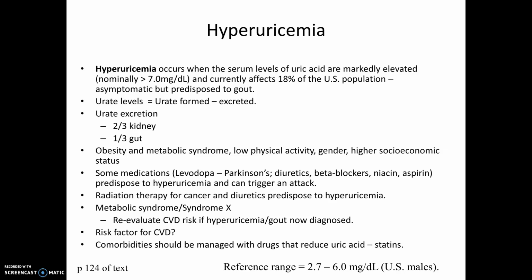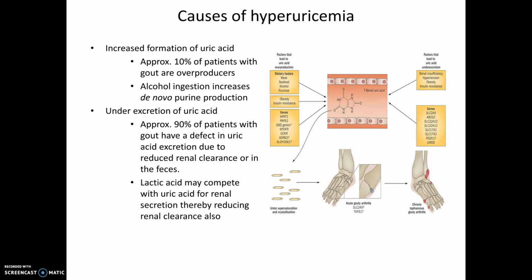We know there's a variety of drugs that predispose to hyperuricemia, including diuretics and beta blockers. Oftentimes we see hyperuricemia in individuals who are at increased risk of cardiovascular disease and renal problems. So it's important for the clinician, when they're managing these comorbidities, that they should use drugs like the statins for cholesterol, right, that actually reduce uric acid levels, and this is important.